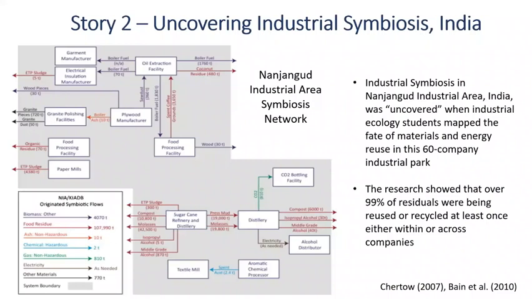So this is an example from India of uncovering industrial symbiosis. We went to an industrial park with about 60 companies, and my students, I must say, with methodical care, talked to every single plant manager and put together this chart. And the managers were just astonished.